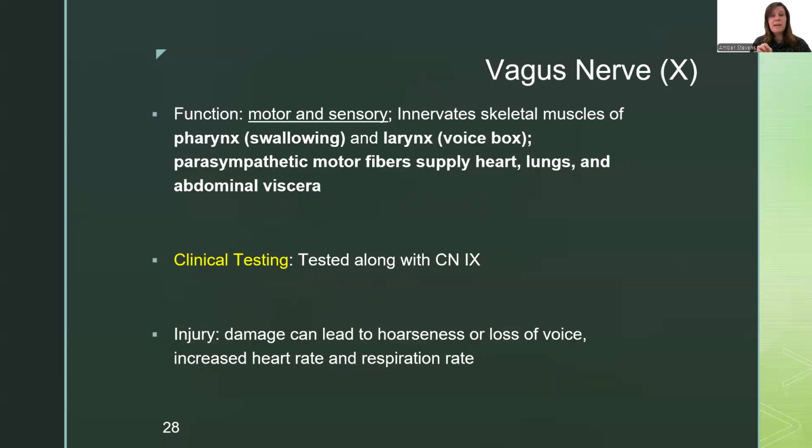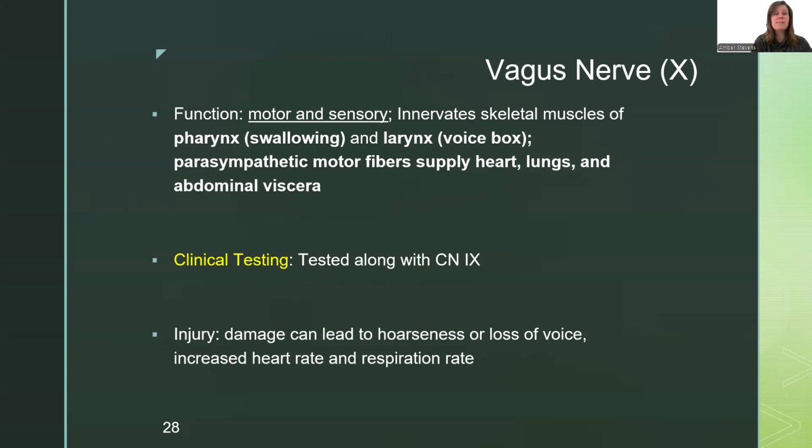Okay, so now we have nerve 10, which is the vagus nerve. It is also a mixed nerve. The motor part of the nerve controls the muscles of the pharynx, so swallowing, the larynx, which is your voice box, and it provides parasympathetic signals to your heart and lungs and your abdominal organs.